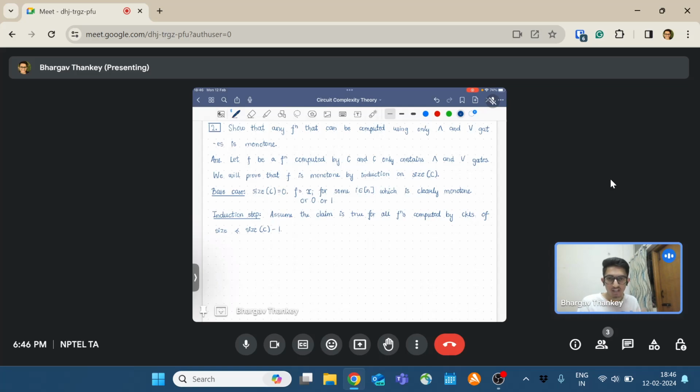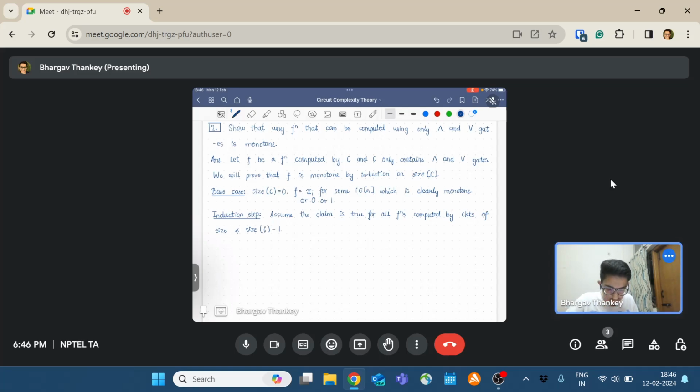So now let's look at the induction step. In the induction step, we are going to assume that this is true for all functions computed by monotone circuits of size less than the size of C. First of all, can you tell me how you are going to apply this induction step to C? So we have a circuit with one more gate, right?